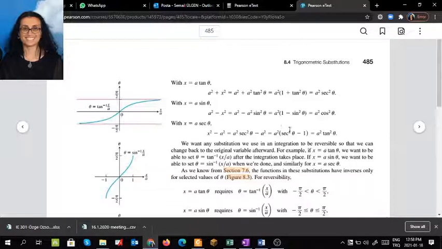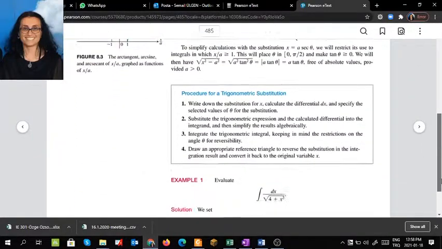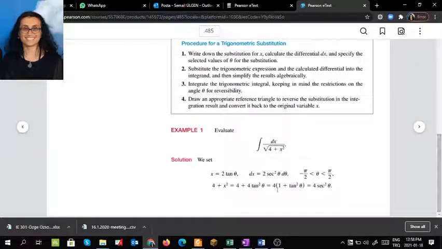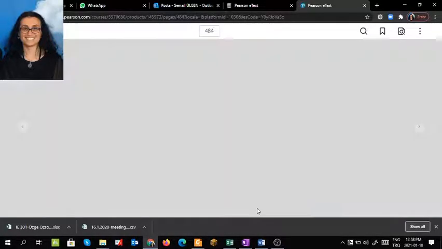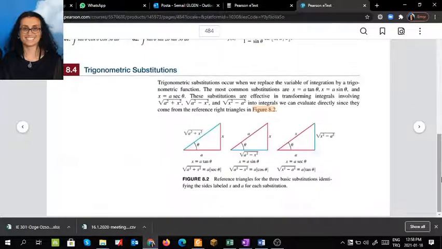For example, let me tell you a couple more examples here. In this one, how do we know that we are going to use x is equal to 2 tangent theta? Because this is in the form of, look, when I go back to here, we have square root of a squared plus x squared is equal to a times absolute value of secant theta.